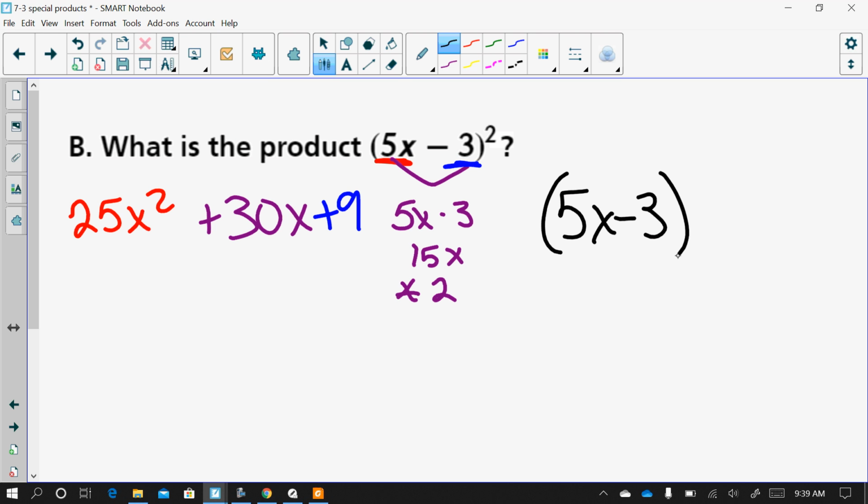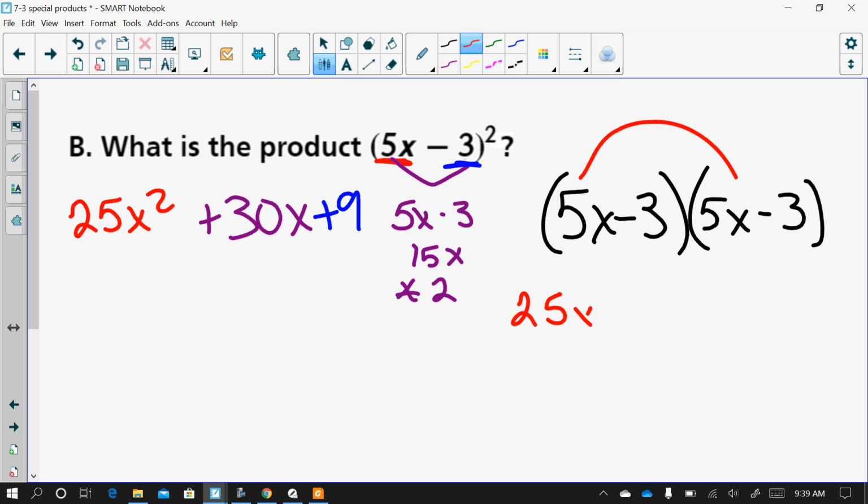So (5x minus 3) squared means 5x minus 3 times itself. So then we can FOIL. First times first, 5x times 5x is 25x squared. Outsides, 5x times negative 3 is negative, oops, I'm sorry, this should have been a negative over here. So over here we get a negative 15x.